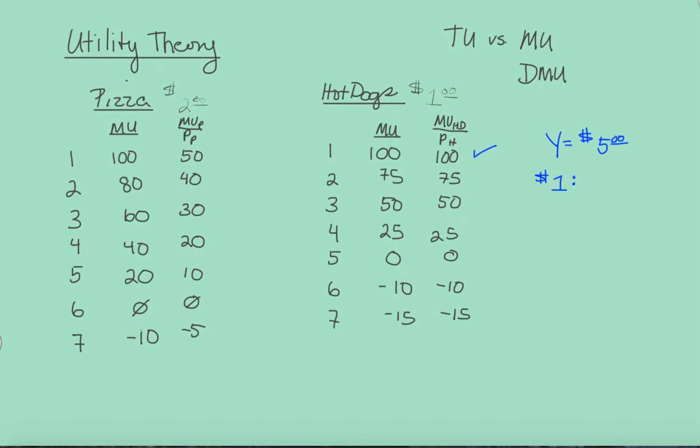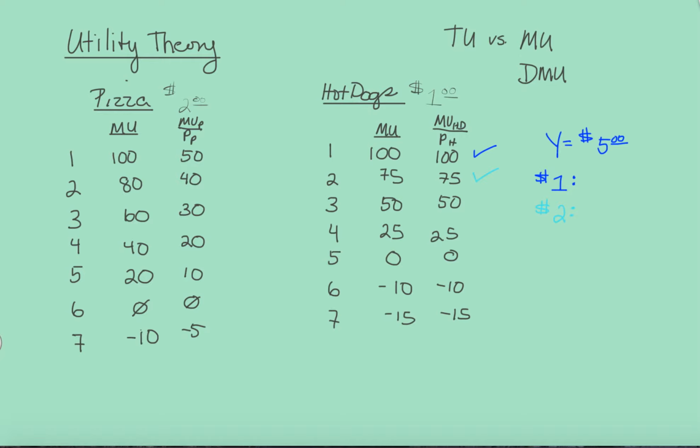Okay, so now he's going to use his second dollar. And remember, he's going to utilize all of $5 on one of these goods or services. Well, his second dollar is also going to go towards hot dogs. He's going to buy a second hot dog, and he's going to get 75 additional units of satisfaction based on that second dollar.